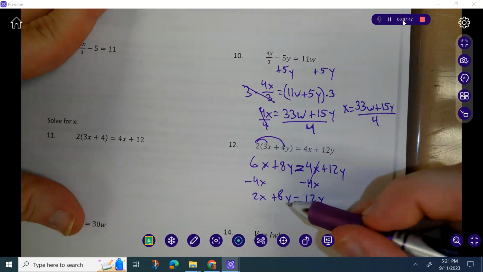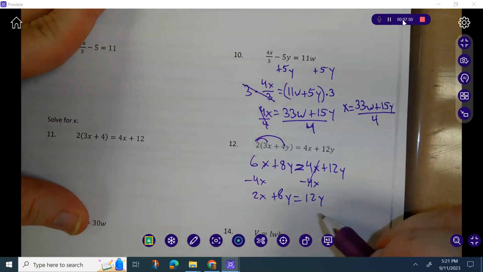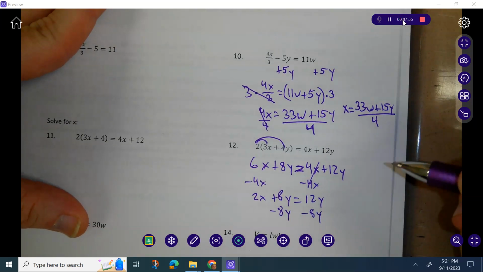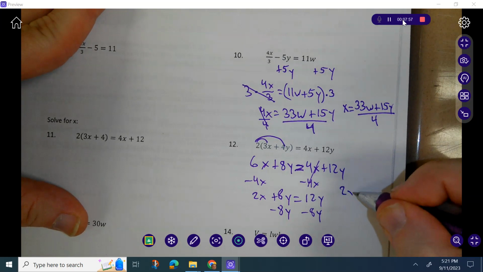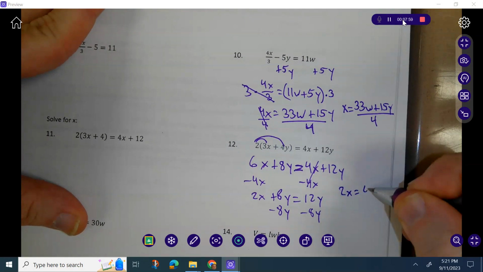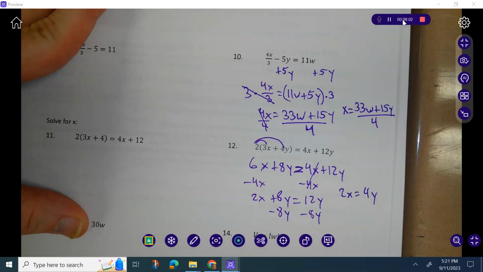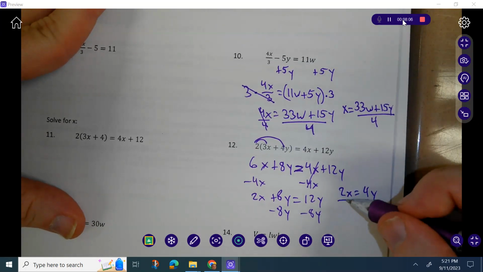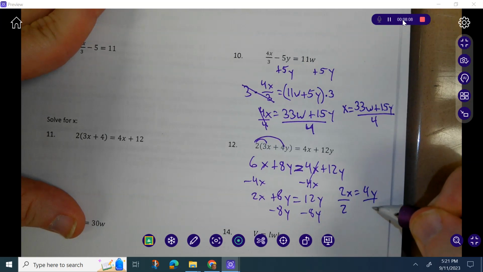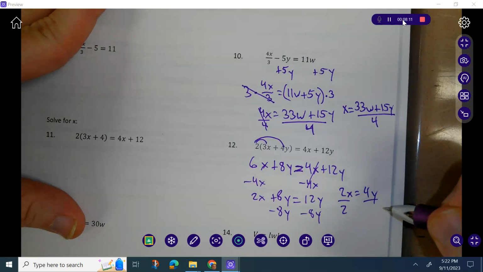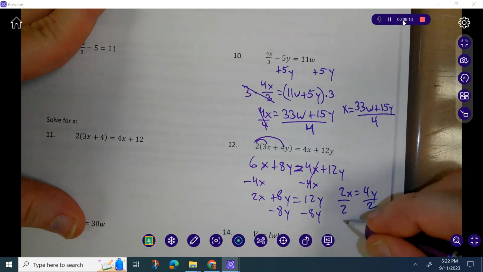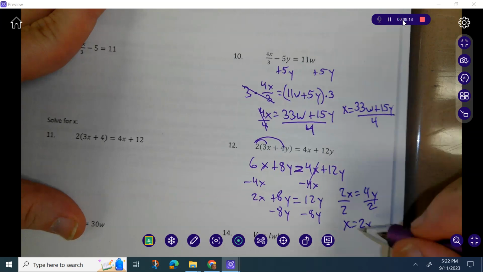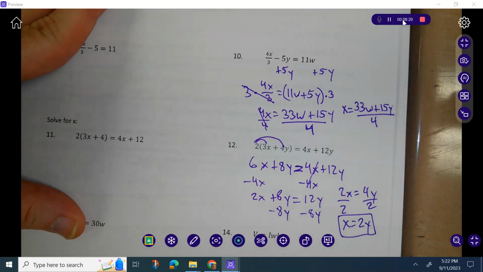Now I'm going to subtract 8y from both sides to get the x's by itself. We're left with 2x equals 4y. And then when I divide by 2, not 2x, just 2, because I want the x to stay put, I get x equals 2y, because 4 divided by 2 is 2. And that's my solution.